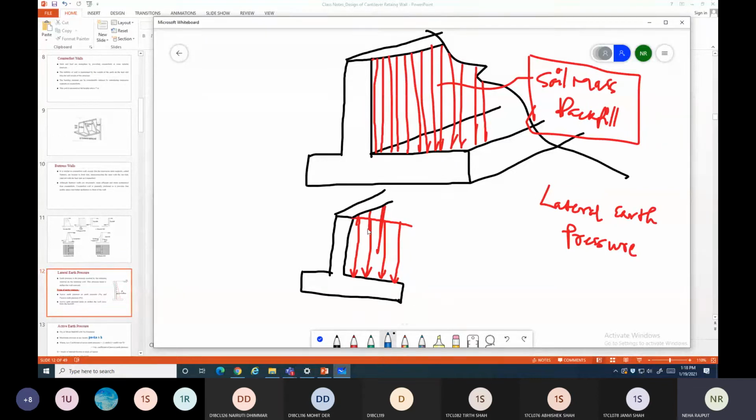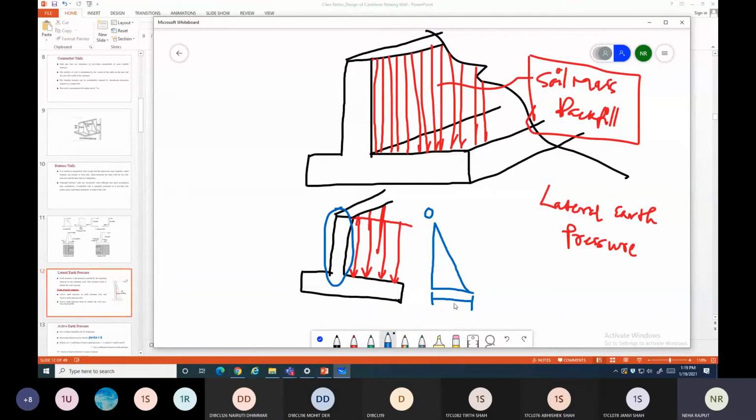So for the pressure acting on the stem part, this soil mass will give the pressure, and that pressure is linear, maximum at the bottom and zero at the top. So this is my lateral pressure diagram, where I have the maximum pressure at this point and zero at this point.